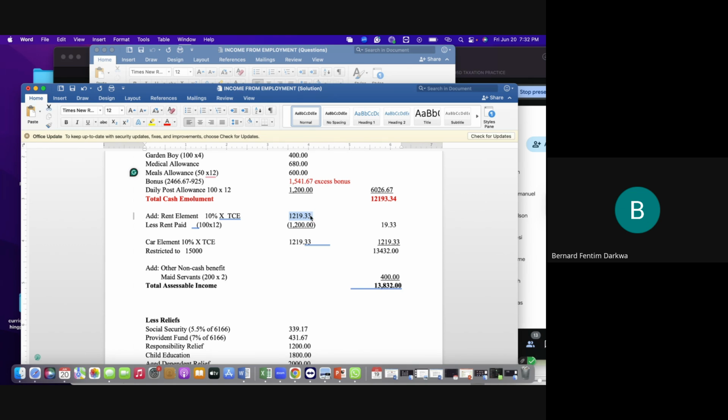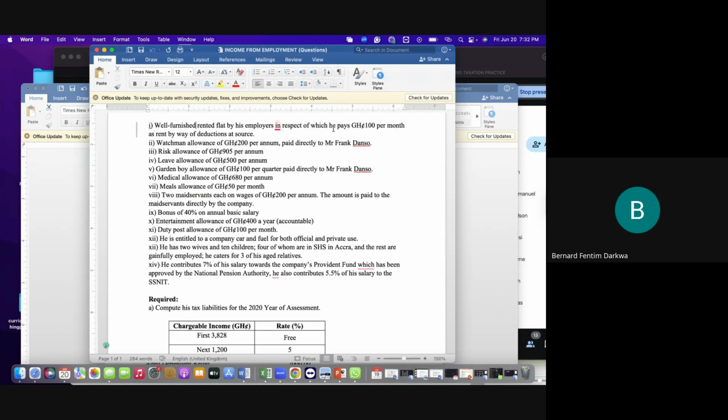But because the question said that he knew he was going to be charged, he asked his employer to deduct 100 cedis per month as a way of paying the rent.